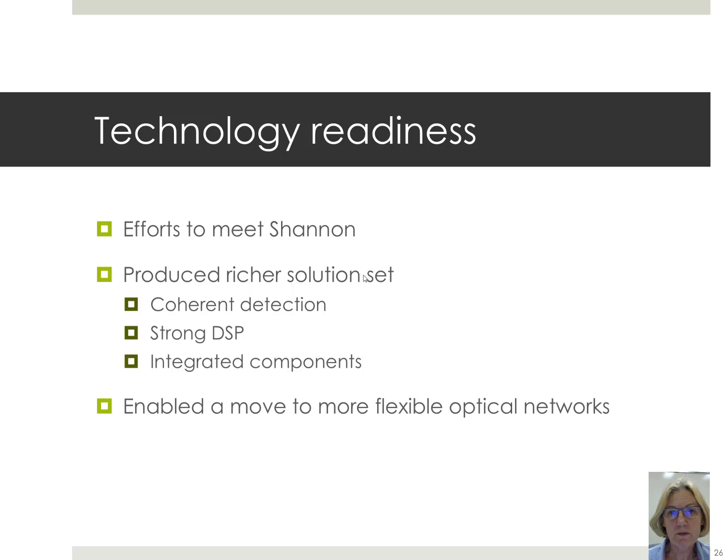We've developed strong DSP. We're exploiting the low cost points of VLSI in order to achieve very good performance. I mentioned FEC, but there's other DSP that we're using to keep our signals very high integrity.